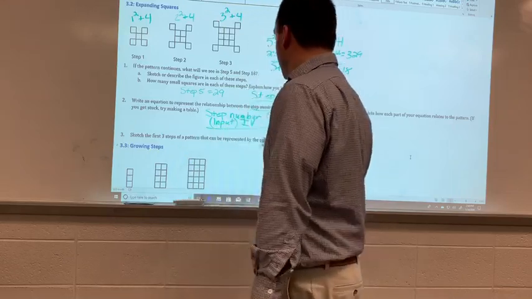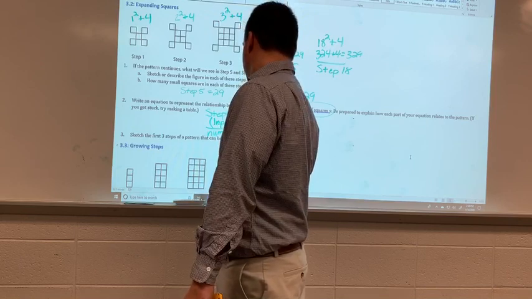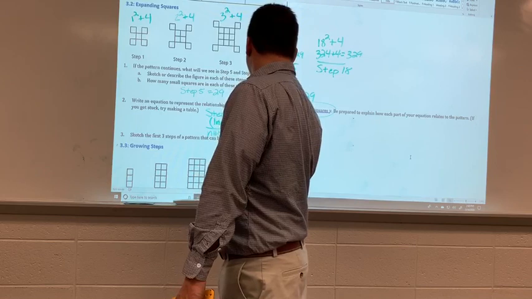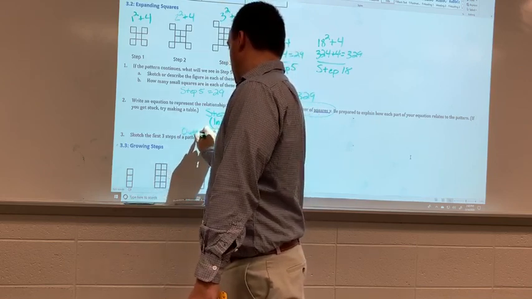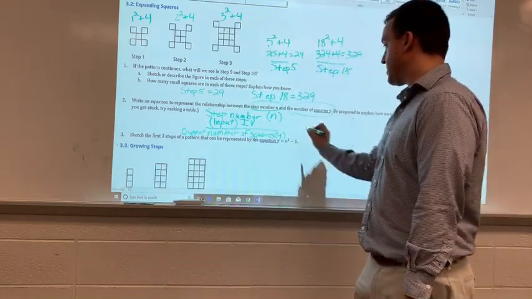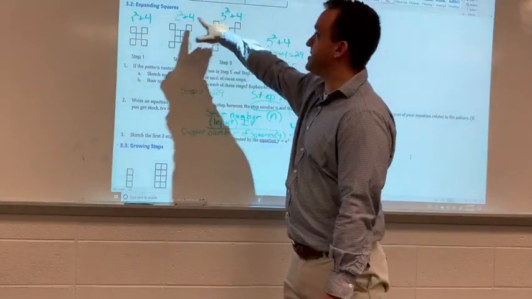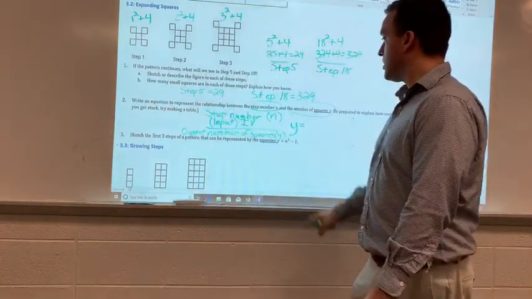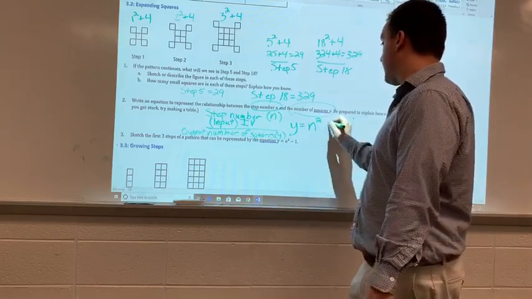And then my other variable, number of squares, that's my y variable, which is my output, or my dependent variable. To write that equation, the total number of squares, in looking at my number pattern, I take whatever the step number is, square it, and then add 4. So if my step number is n, I start with n, square it, and then add 4.